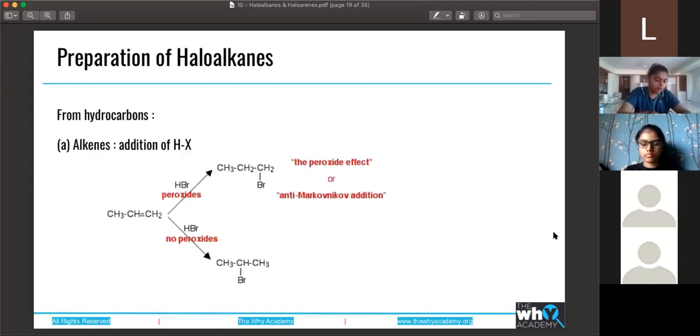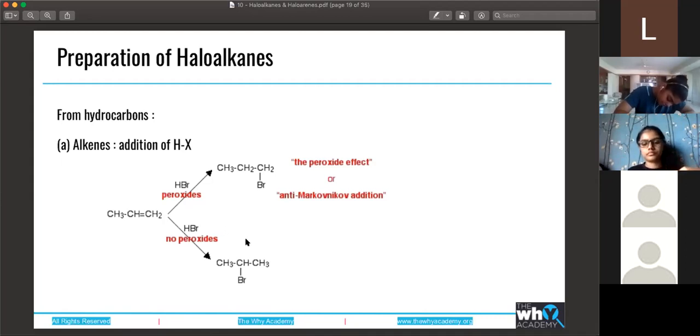Okay, what is Markovnikov's rule? We'll do a quick revision. Answer in short. Markovnikov's rule says that when a substituent is added across a double bond, it favors the carbon with the least number of hydrogen atoms, which is the most stable, more likely a secondary or tertiary carbon, which the halogen will attach to. Correct.